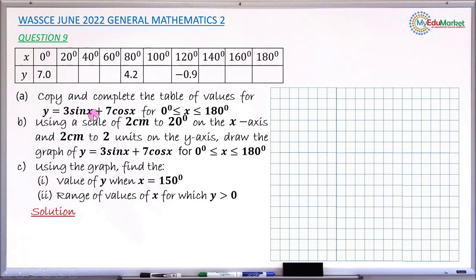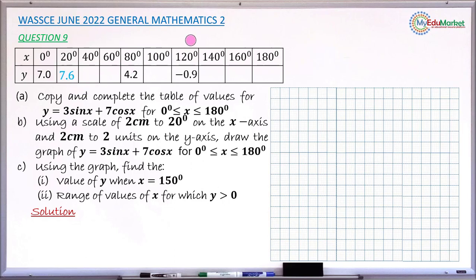Multiply it by 3 and keep that answer separate. Also find the cos of 20, multiply the result by 7, then add it to your previous result, that is 3 sine 20. If that is done correctly, you now have 7.6 when you round your answer to one decimal place.